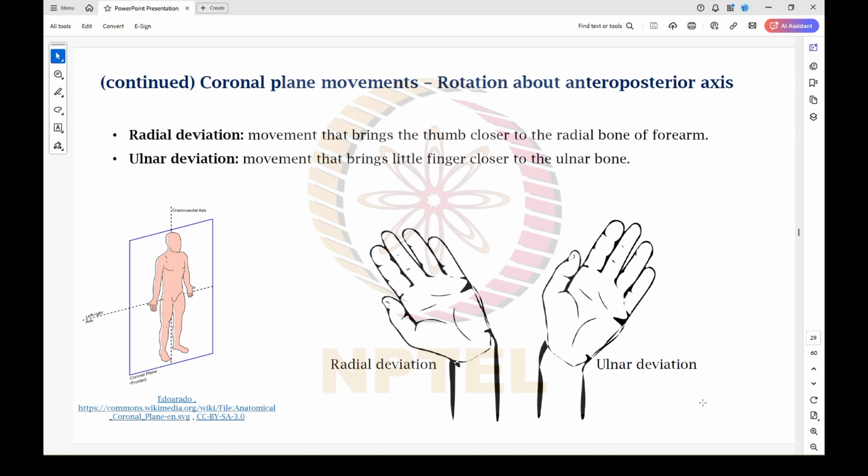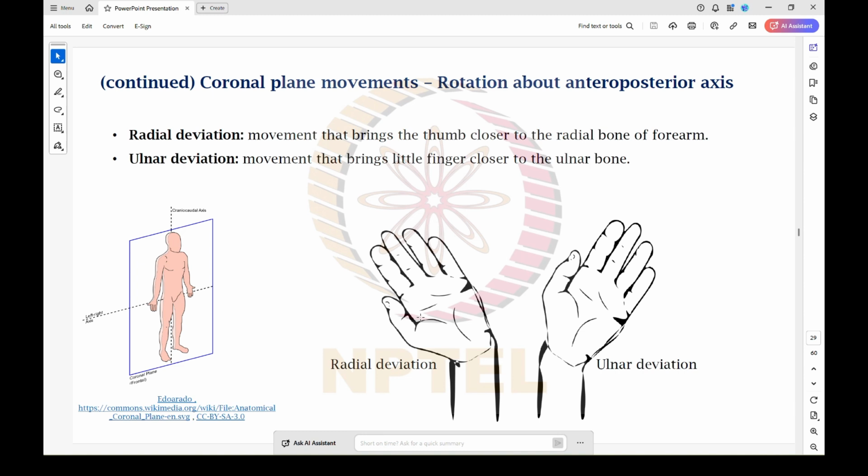Again, exceptions in this scenario, or names which are different in the coronal plane movements, are the radial deviation and the ulnar deviation. The bone which is near the thumb is the radius, whereas the bone which is near the little finger is the ulnar bone, or the ulna.